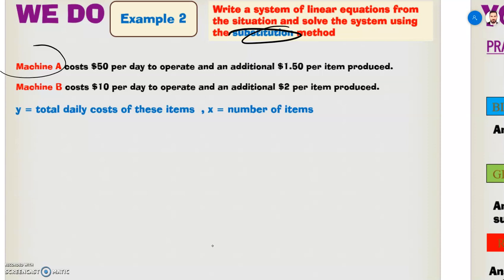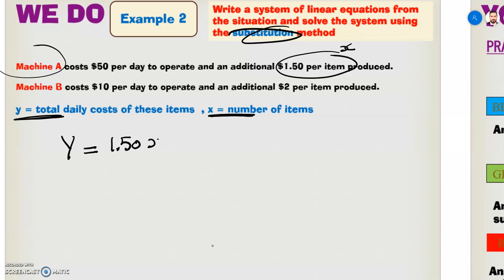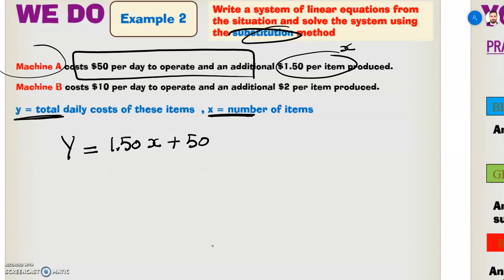Machine A costs 50 per day. As we understand, Y is equal, how can you translate it? Per item, and we understand the number of items is X, so per X. So I will write 1.50 X plus the additional fee, which is $50. This is equation number 1.